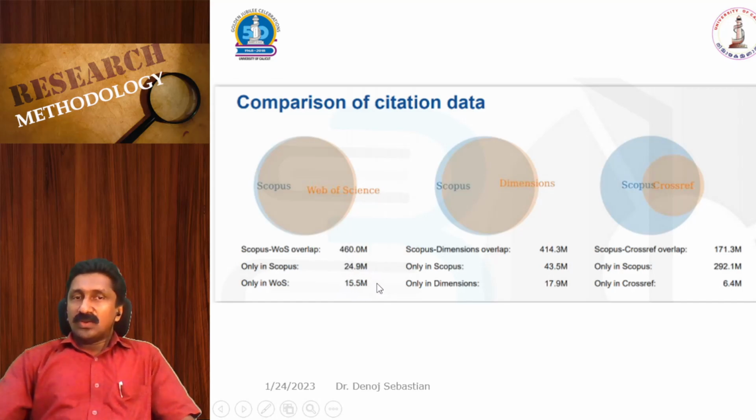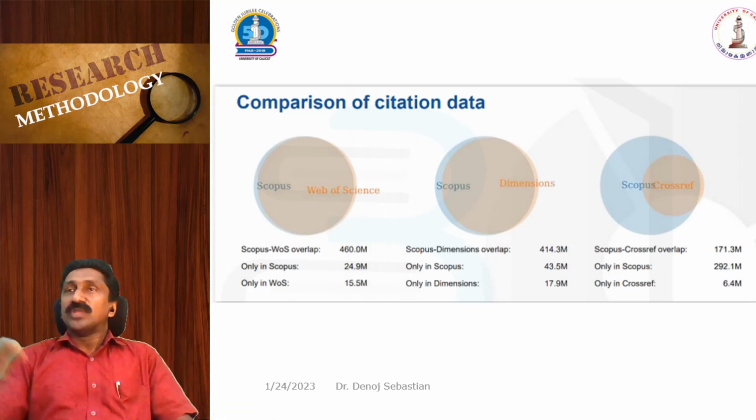For example, the articles only in Web of Science can be downloaded only from that particular database, not from the others. So you have to search all the databases separately, merge them together, and remove the duplicates.